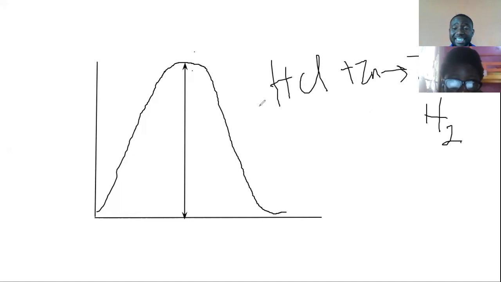But if it is a dilute acid, the rate at which hydrogen gas will be evolved will be slow. But when it is a concentrated acid, what do you think will happen to the rate at which it should evolve? The rate will be quite fast.